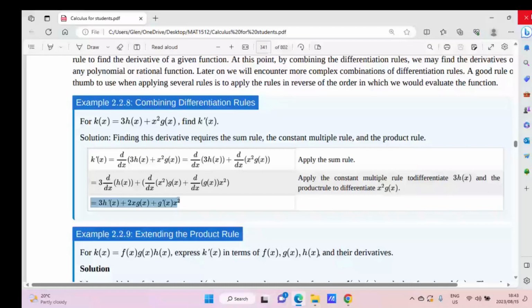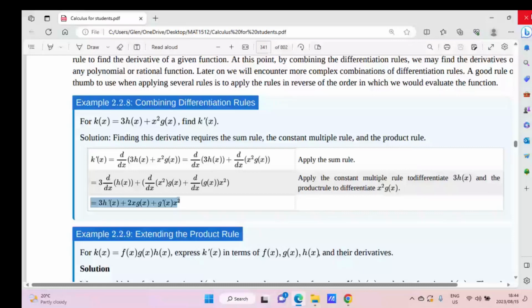Now look at the first derivative, where I said d dx of f of x times g of x. You can expand that because you already have two functions in that bracket. So you can say d dx of f of x times g of x plus d dx of g of x times f of x, all bracketed, multiplied by h, plus f of x times g of x times d dx of h of x.